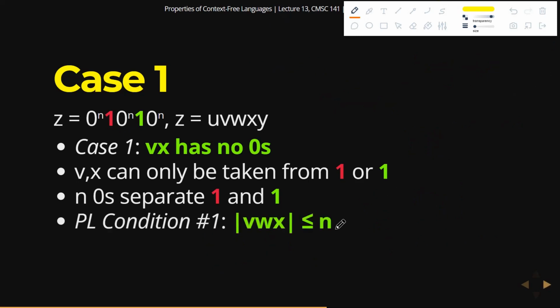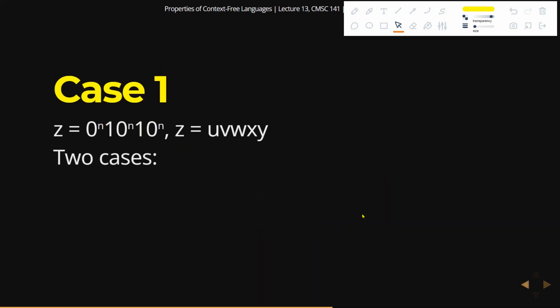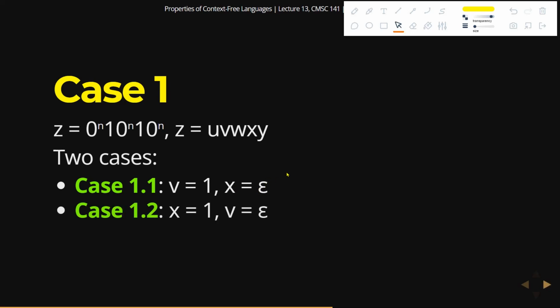Either, because of the condition that it can't exceed n, the two cases are either V is equal to 1 and X is epsilon, as I showed you earlier, or X is 1 and V is epsilon. But they can't both be 1 because, again, there are n zeros that separate them.